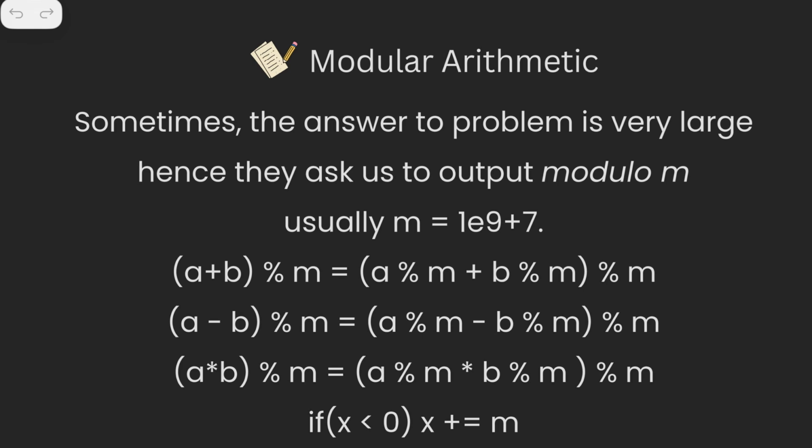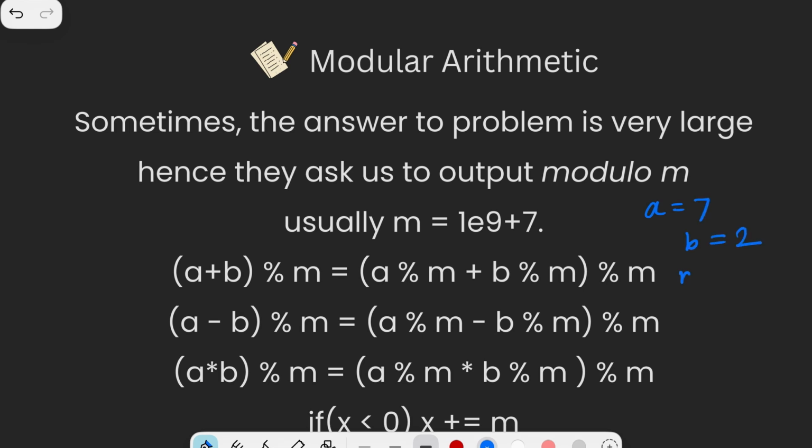So sometimes the answer to a problem can be very large. So what they will ask you is to provide the answer modulo m. M usually is a prime number, and most of the time it will be 10 to the power 9 plus 7. Let's say a is 7, b is 2, and m is 6.